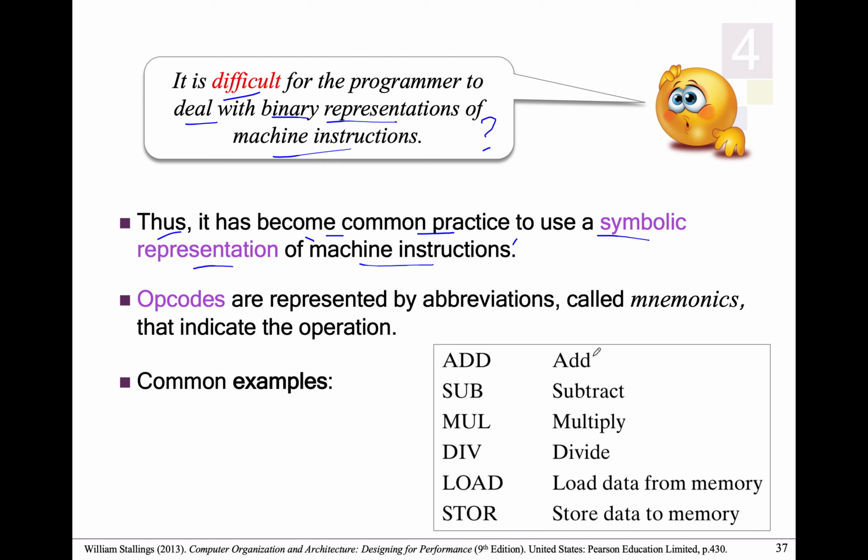If your machine is doing add, then it's going to be similar, which represents the symbolic meaning for your operations. Opcodes are represented by abbreviations called mnemonics that indicate the operations.